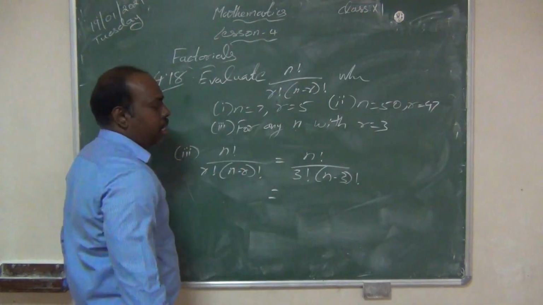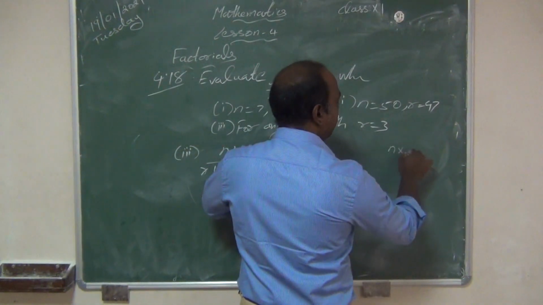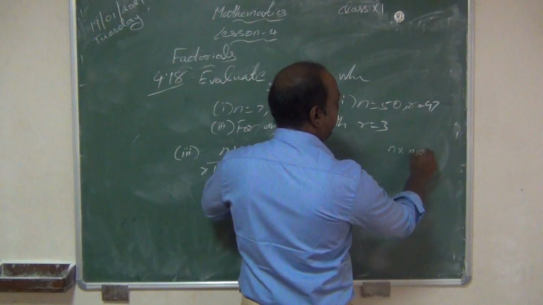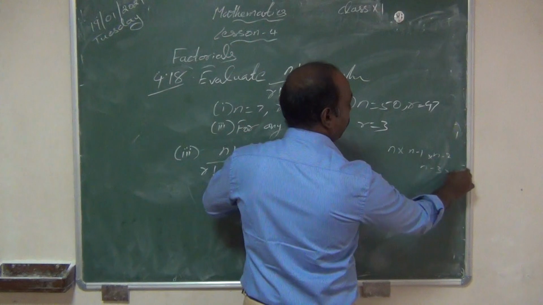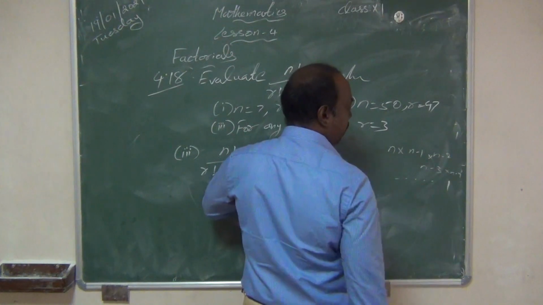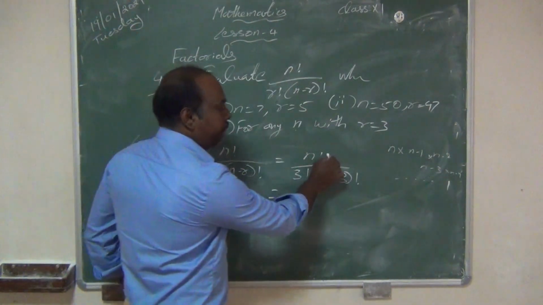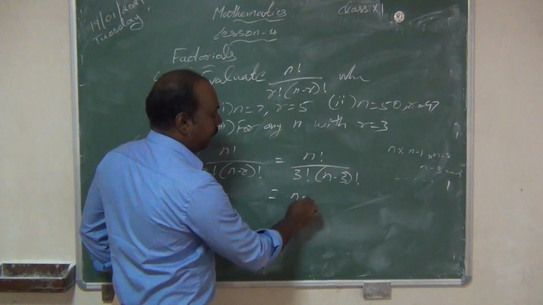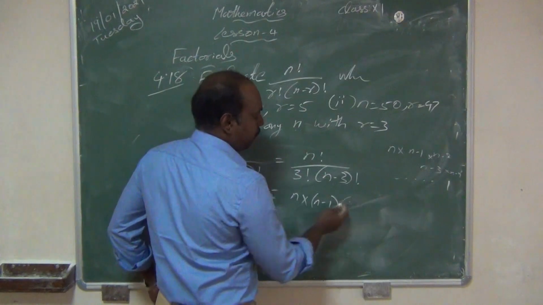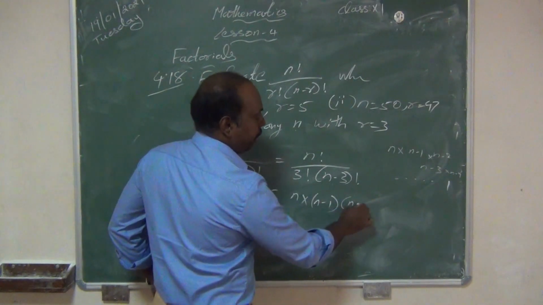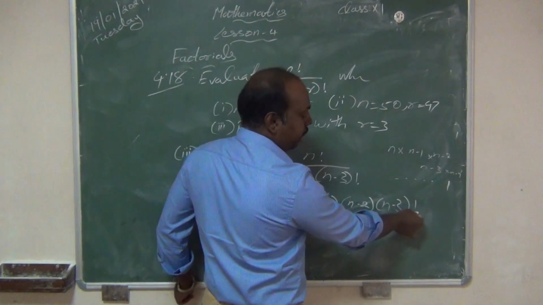Now generally n factorial means we know that you write n into, what is the previous term of n? n minus 1, n minus 2, n minus 3, n minus 4, etc., up to 1. Am I right? So here in the denominator we have n minus 3 factorial. So this n factorial can be reduced as n into n minus 1 into n minus 2 into n minus 3 factorial, because we are stopping here, ending with n minus 3.